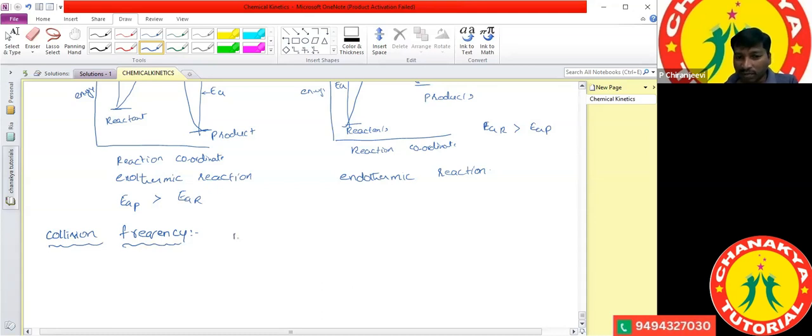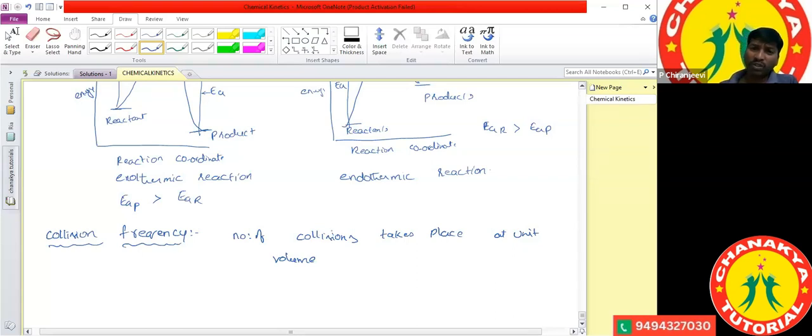Collision frequency is nothing but the number of collisions that take place per unit volume. So the number of collisions that take place per unit volume is called the collision frequency.